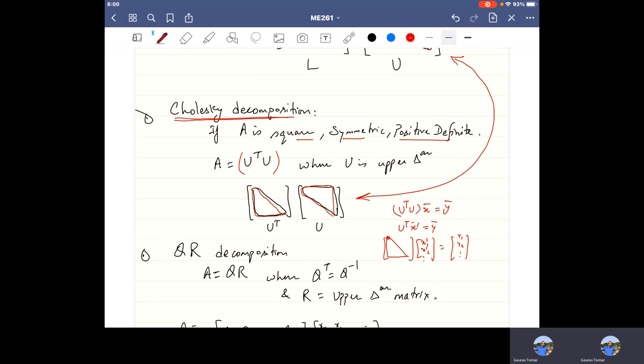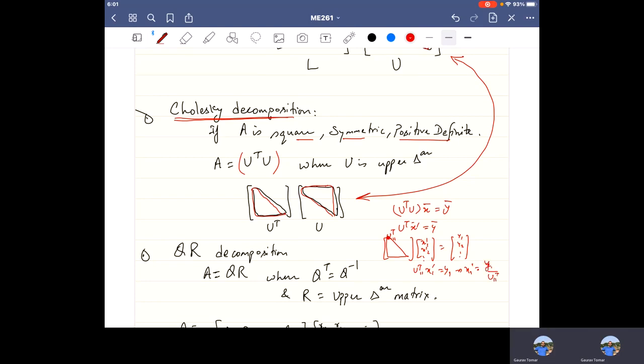The top equation has just one element, so it is easy to solve. Let's call this U11 transpose times x1 prime, which is essentially y1. So you can solve it directly: x1 prime is y1 divided by U11 transpose.